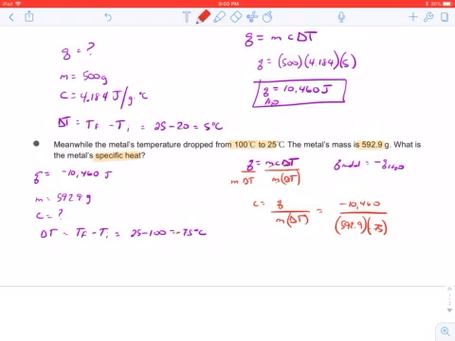To calculate this, we take negative 10,460 divided by 592.9 and also divided by negative 75. Our specific heat of our metal is going to be 0.235 joules per gram degree C.